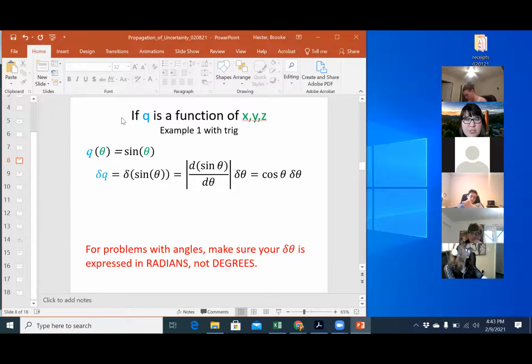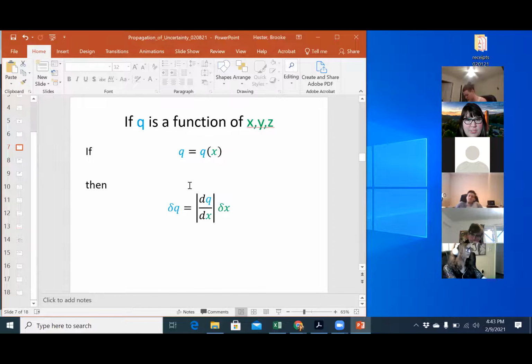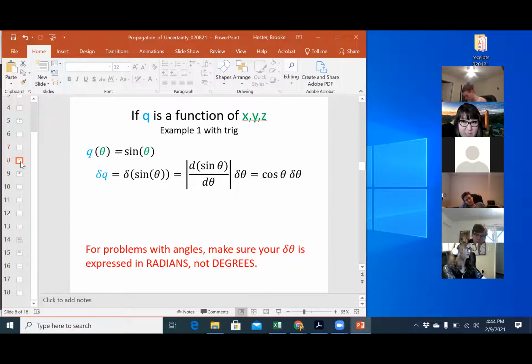We have q of theta. We're just going to use theta instead of x, y, and z because we're doing trig. And so q of theta is equal to the sine of theta. So based on our formula, we should take the derivative of the sine of theta with respect to theta times the uncertainty in theta to get that uncertainty in q, uncertainty in the function of theta.